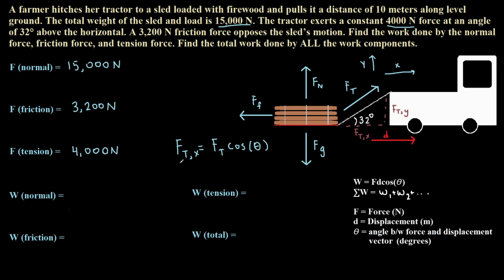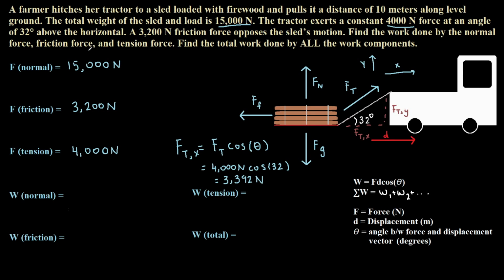So the tension force in the x direction equals 4,000 newtons times the cosine of 32 degrees. And this will roughly equal 3,392 newtons.